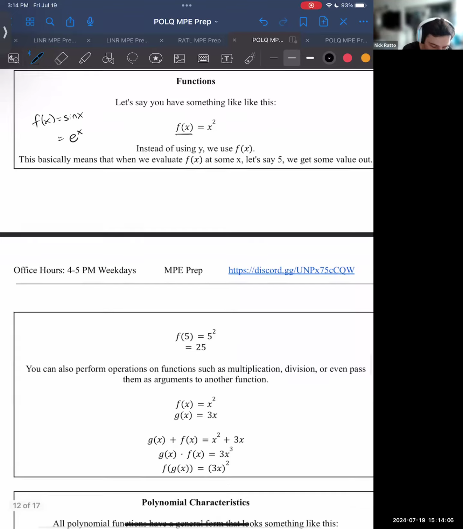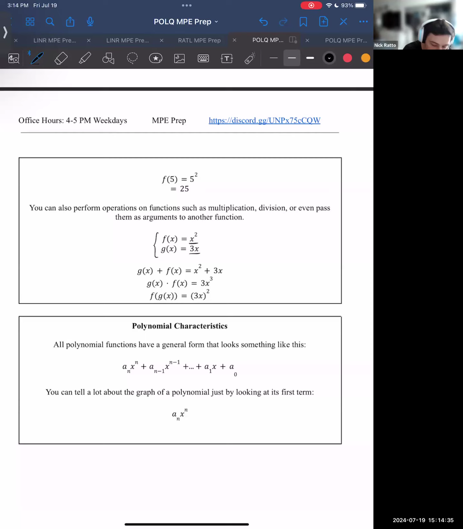Now, with multiple functions, in this case, we have an f and a g. We can sort of treat these f of x and g of x as a stand-in for these guys, the x squared and the 3x. What I mean by that is writing something like g of x plus f of x is the same thing as writing x squared plus 3x, right?